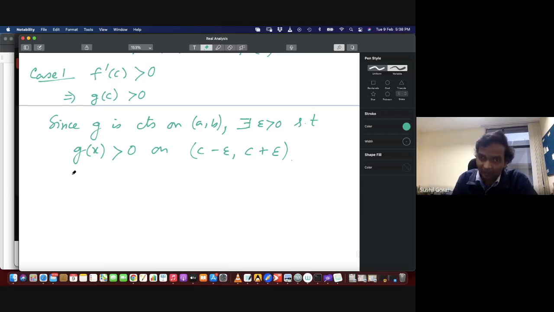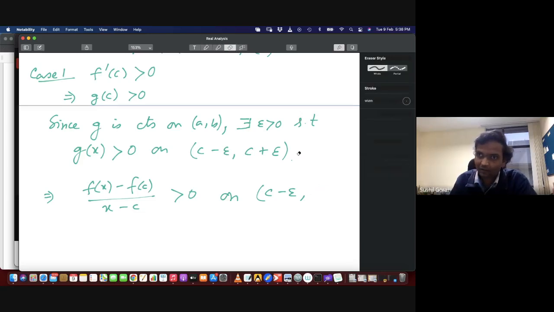All right, now let us see what it means. So it means f of x minus f of c by x minus c is greater than 0 on c minus epsilon to c plus epsilon.